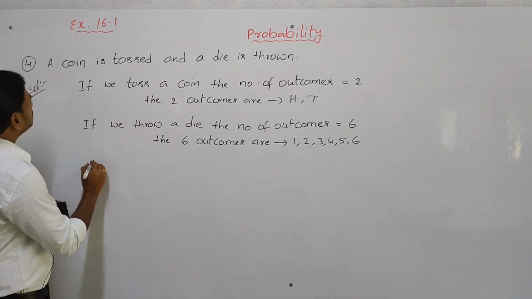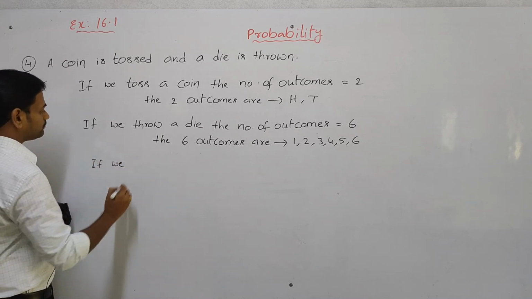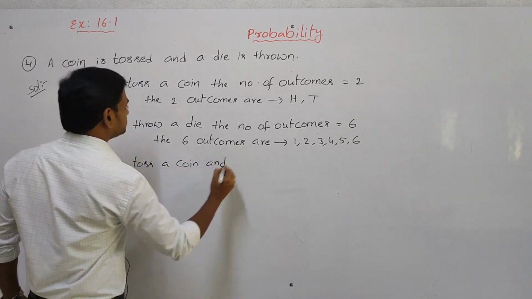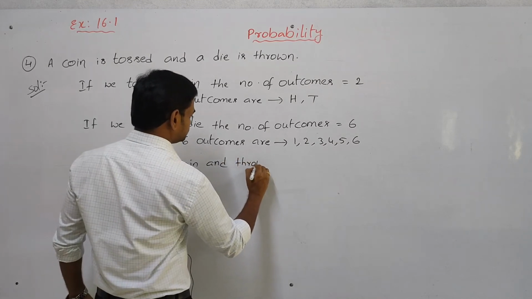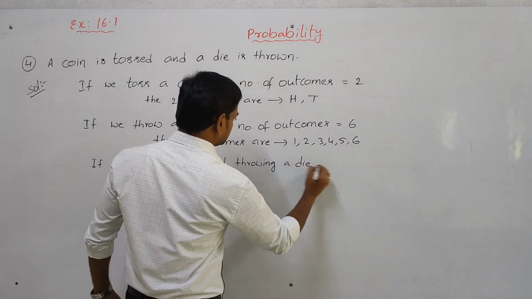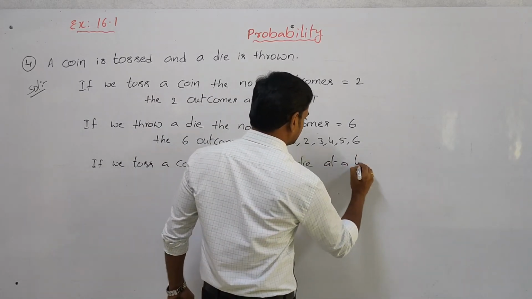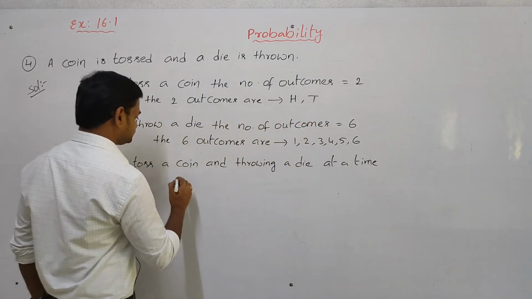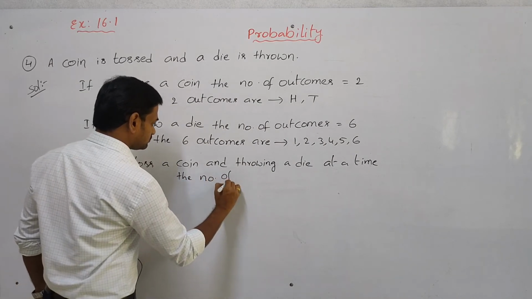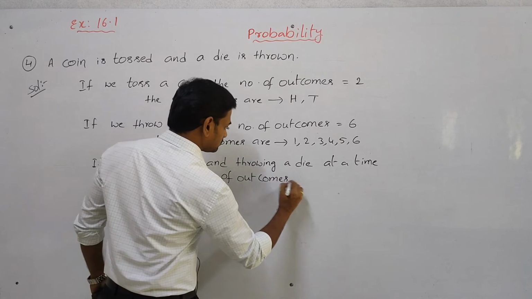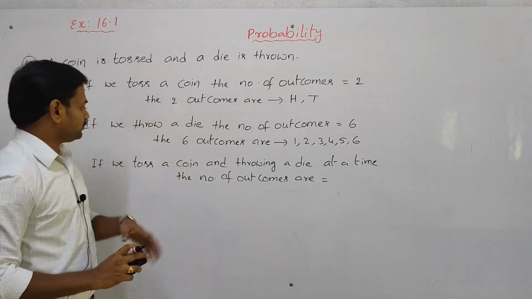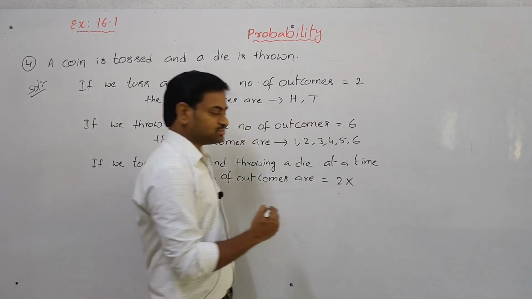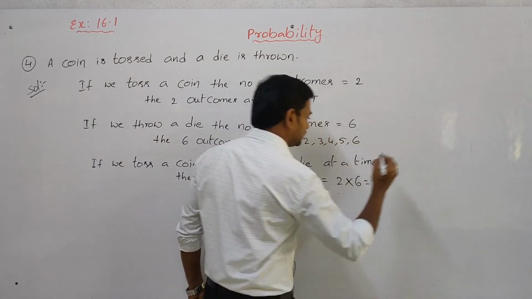So, if we toss a coin and throw a die at a time, the number of outcomes are: if we toss a coin, 2 outcomes, into, if we throw a die, outcomes are 6. 2 into 6 equal to 12 outcomes.